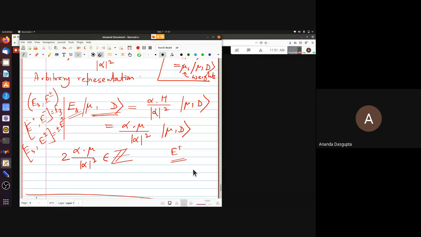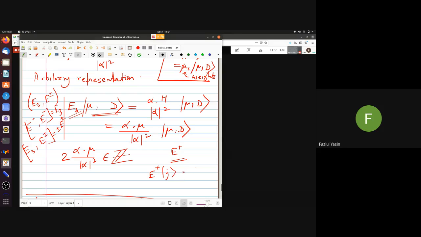J here is not the j square eigenvalue, it's just the highest eigenvalue for E3. Suppose you are at 1.2. Then you hit with E minus, E plus kills it, fine. But hit with E minus, you get 0.2, then minus 0.8, then minus 1.8, then minus 2.8, and the thing never ends.